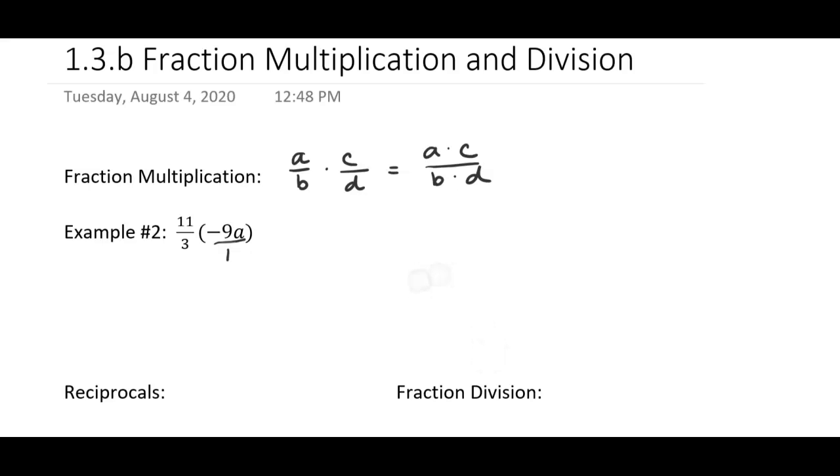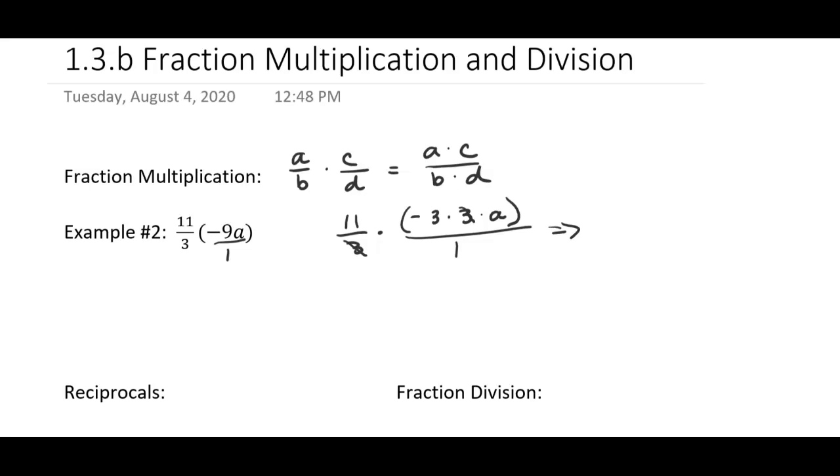Another way to write it would be 11/3 times negative 3 times 3 times a, which are the factors of negative 9a, over 1, because the denominator is understood to be 1 when there isn't one there.